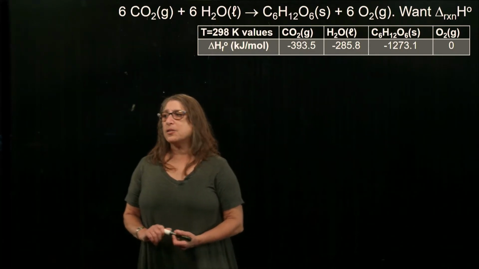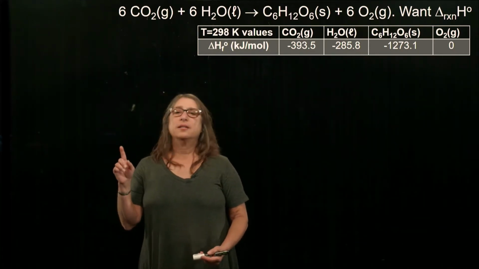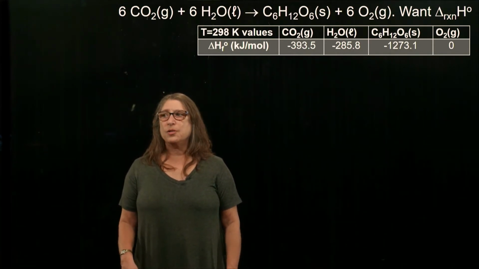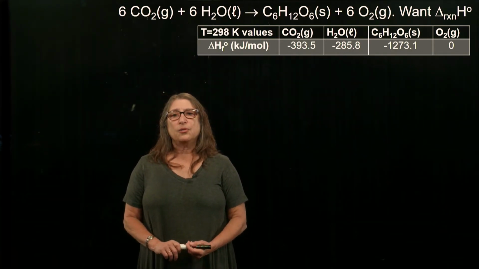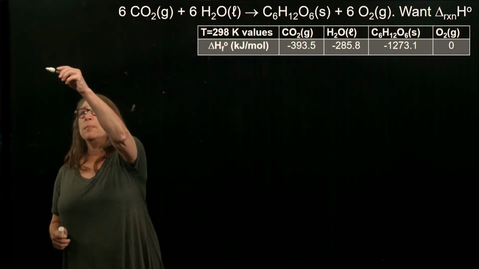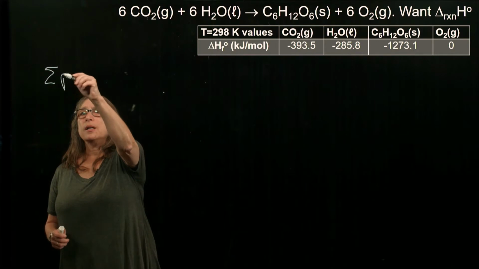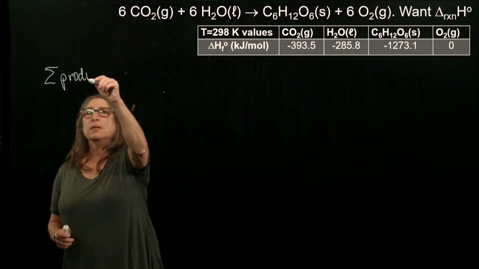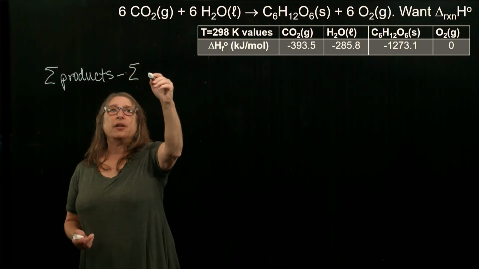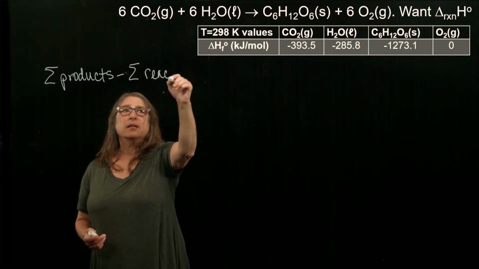The reactants are CO2 and water, and the products are glucose and oxygen. So to find the change, we need to take the sum of the products and subtract off the sum of the values for the reactants.